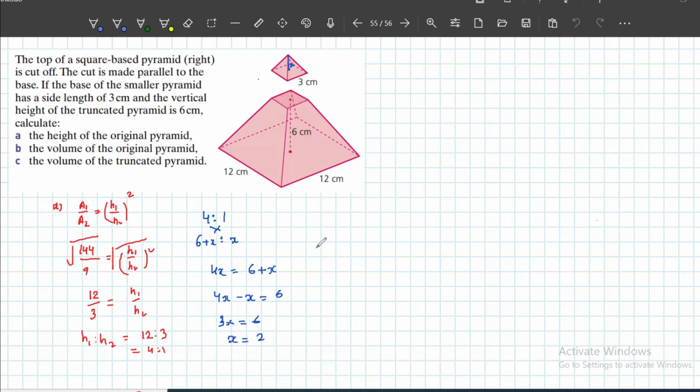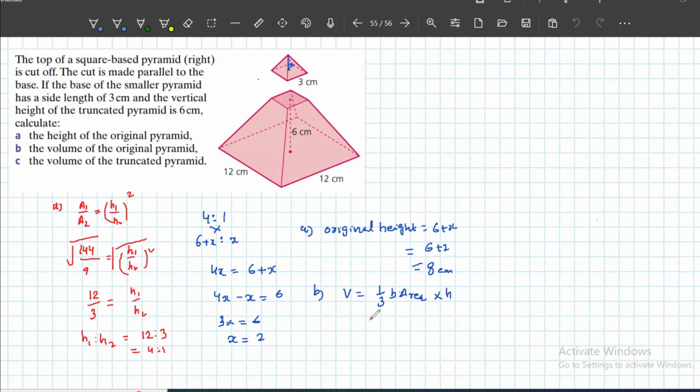It means the height of the original pyramid is 6 plus x, that means 6 plus 2, which is equal to 8. It is in centimeters. Now we can find the volume of the pyramid, and we know the formula for the volume of a pyramid is 1 over 3 times base area multiplied by height.